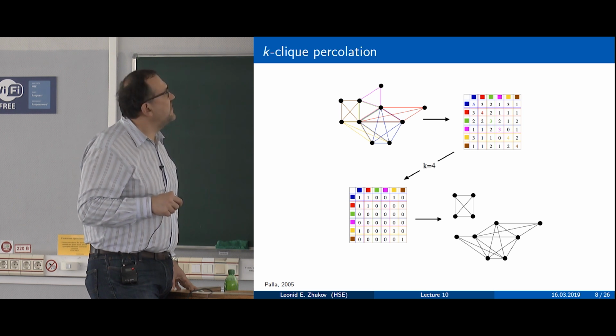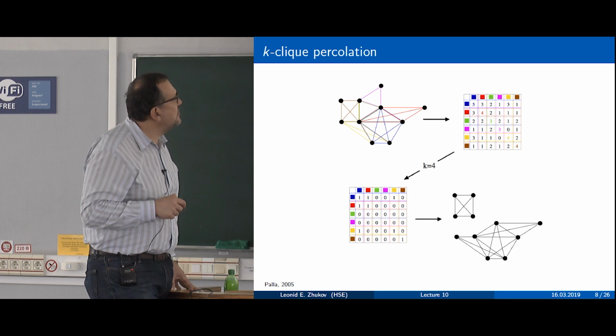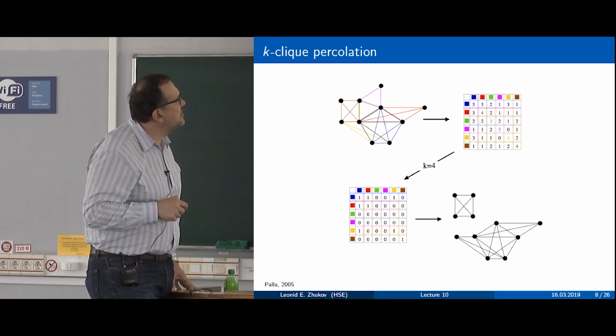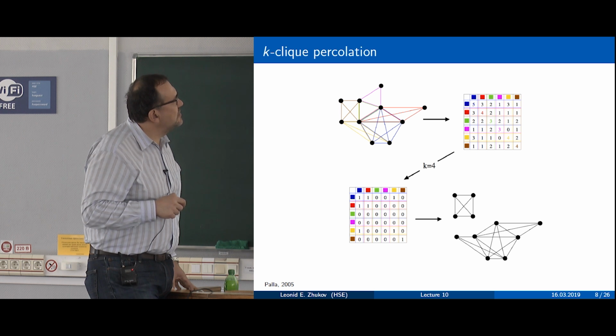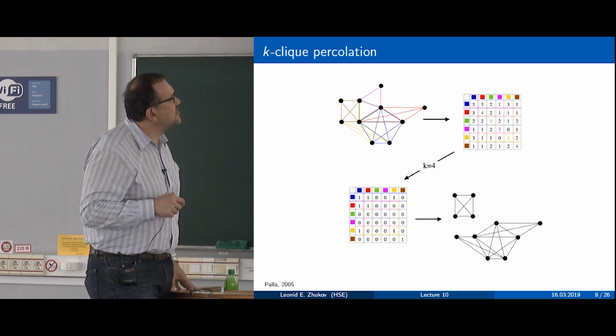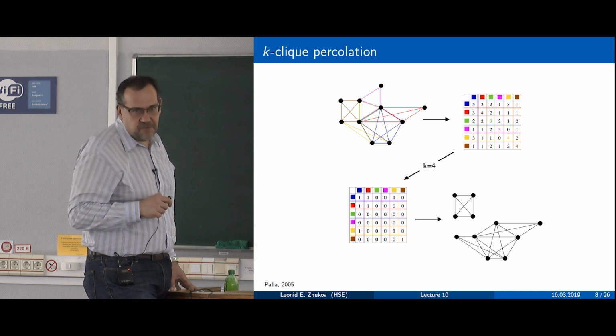Then if I take a green clique, and I don't see it here, that's a bad example. What else? Let's say I take the yellow clique. I can barely see it also, but here is the yellow clique, and it overlaps with the blue clique at 3 nodes, 1, 2, 3. And that's why blue and yellow gives us 3. All right?